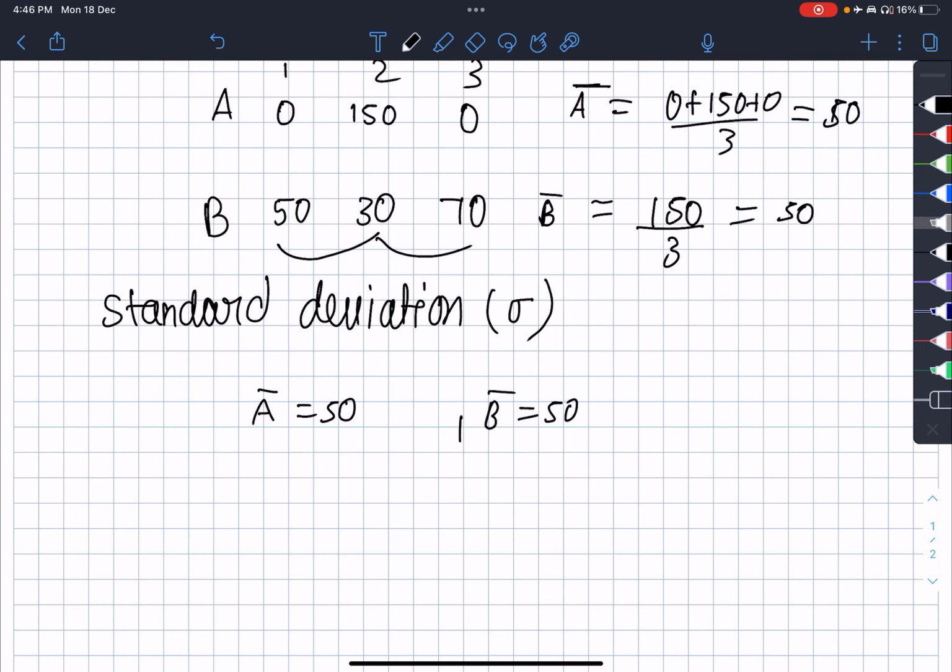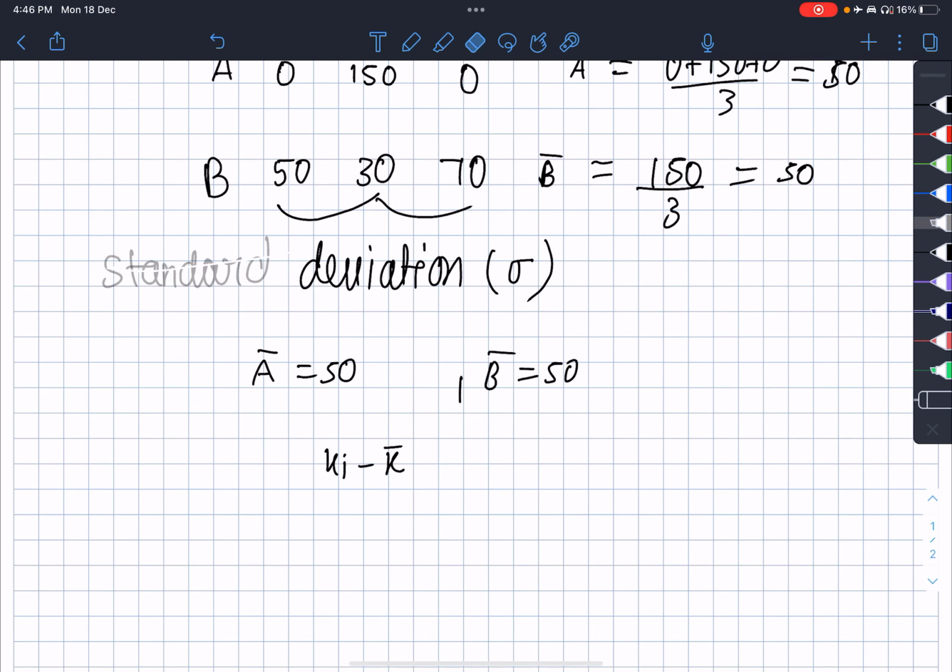It is about how far each observation is from the mean. So we do xi minus x bar, where x bar is the mean. Let's take out the deviation, not yet the standard deviation.